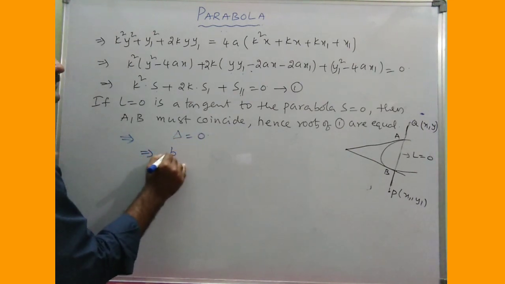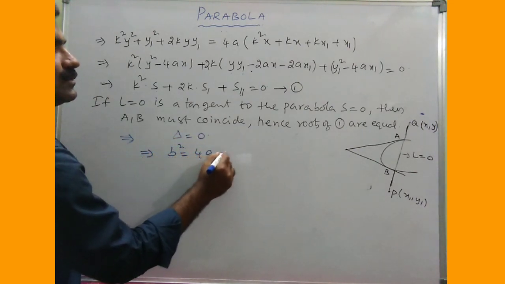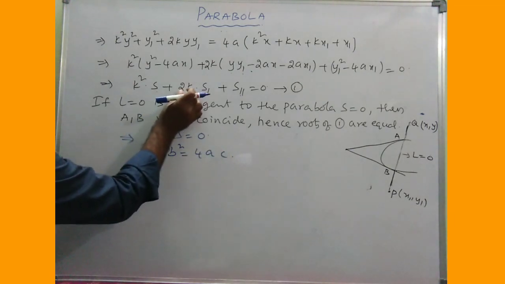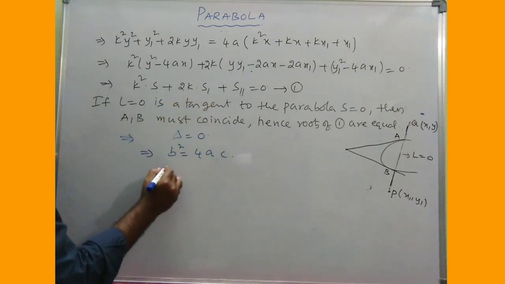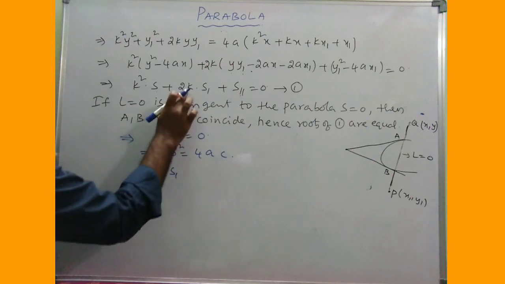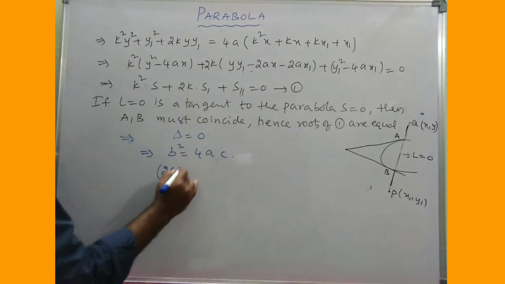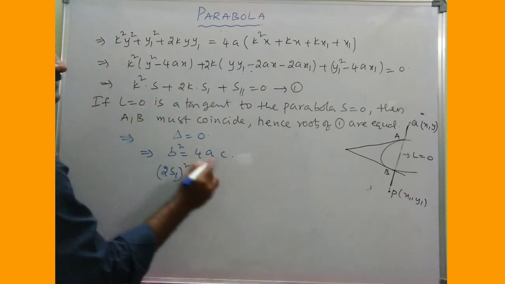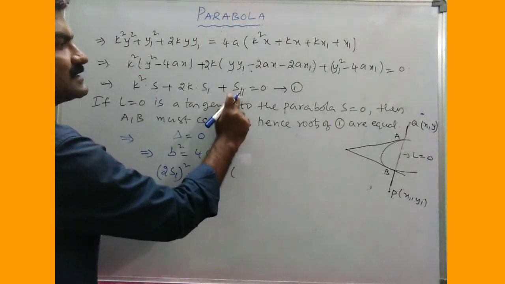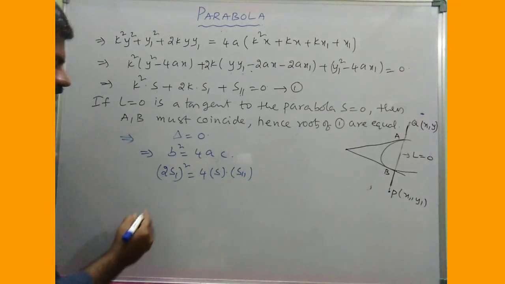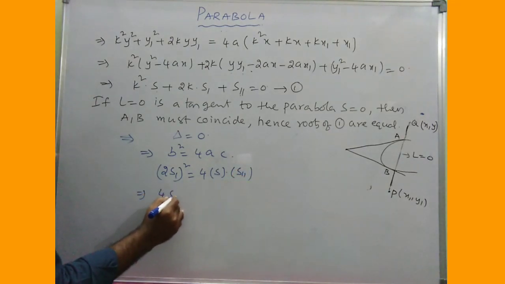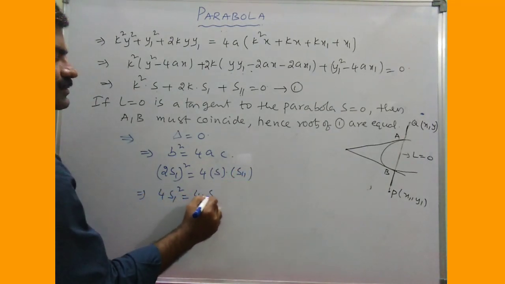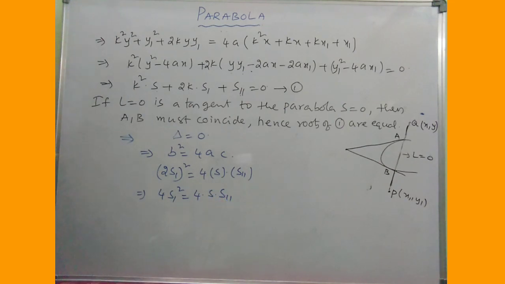That is, b square is equal to 4ac. So b square is nothing but (2S1) whole square, is equal to 4 into, here a is S and c is S11. So this is 4S1 square is equal to 4 into S into S11.